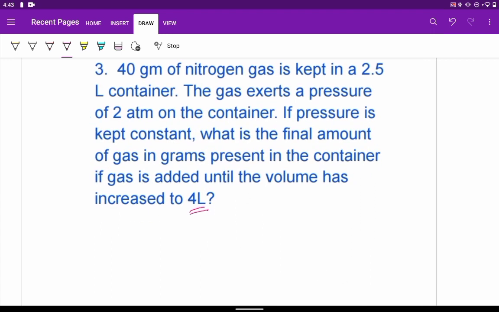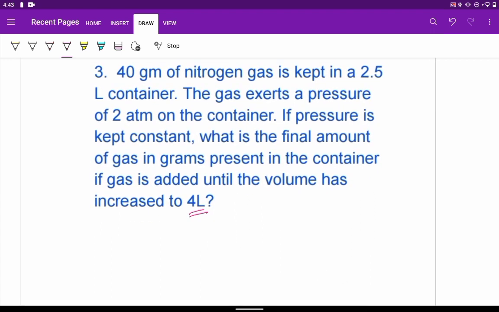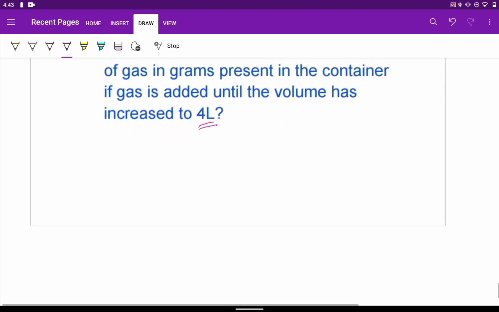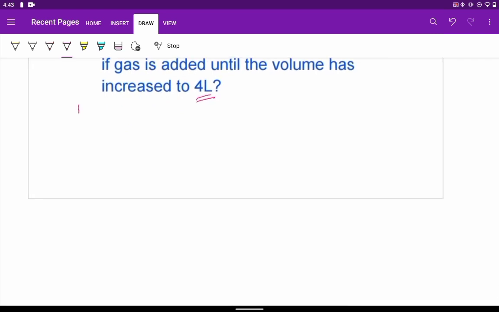Okay. Now let us first write down all the data given. Mass of nitrogen given 40 gram. Now N1 is mass by molar mass.